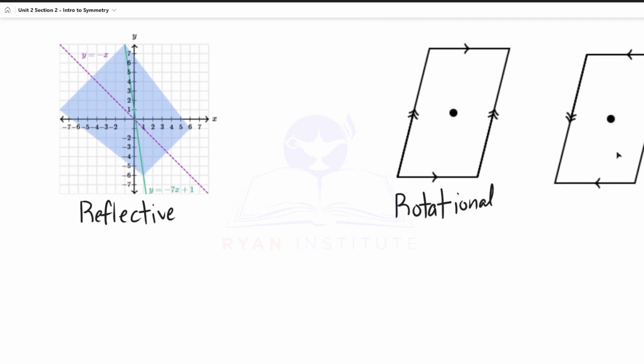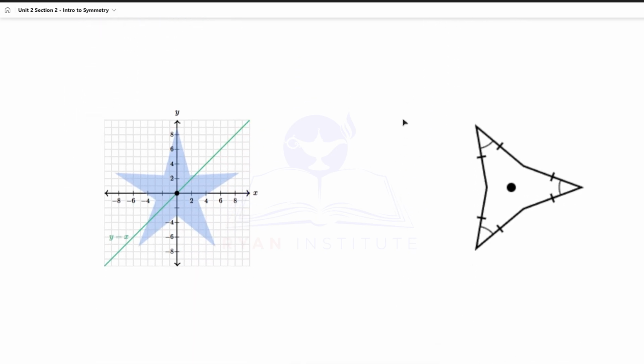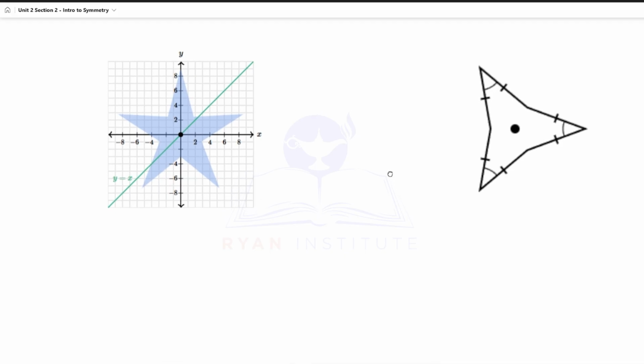All right. So I want you to take a minute, pause the video, and see if you can find the line of symmetry for this reflective symmetry, and then if this shape has rotational symmetry.